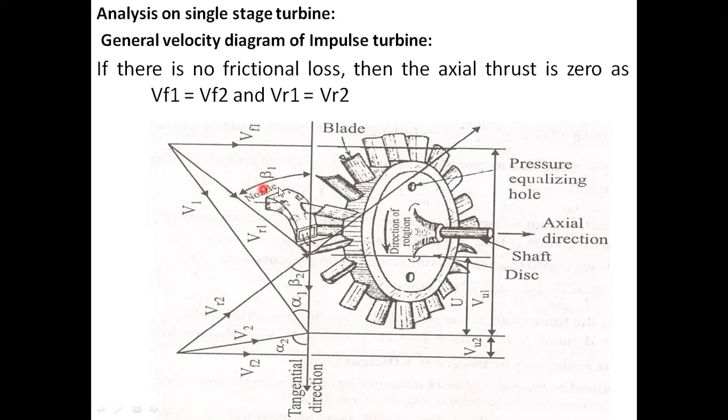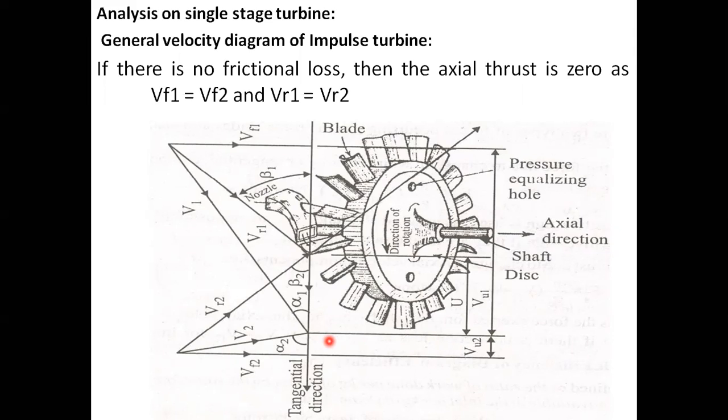This is the nozzle angle, beta 1, and alpha 1 is the steam angle. We know all this notation already, because the same notation was used in water turbines.